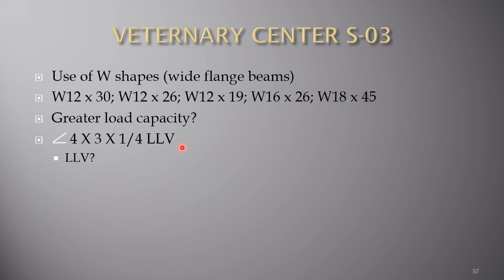But what does LLV stand for? Because one leg is longer than the other, which direction do you put the angle? LLV means that the long leg is vertical. So this would be the 4-inch side, this would be the 3-inch side. And then you'll see a reference to 18K4, and we'll talk about that briefly, and a composite steel deck.